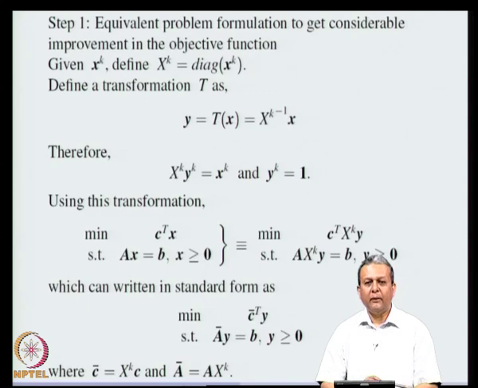So, by using this transformation, we still retain the program as a linear program, but now the descent direction will be negative of c bar, which is nothing but minus X_k c. So, that will be the descent direction that will be used, and the matrix A, which was in the original space, will now correspond to a matrix A X_k in the y space. So, we are interested in finding the direction of negative X_k c on the null space of the matrix A bar, where A bar is nothing but A X_k.